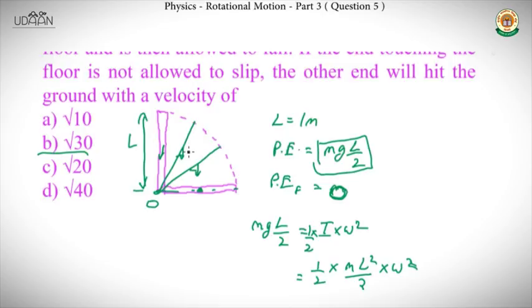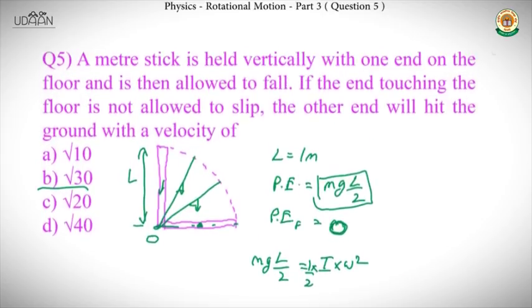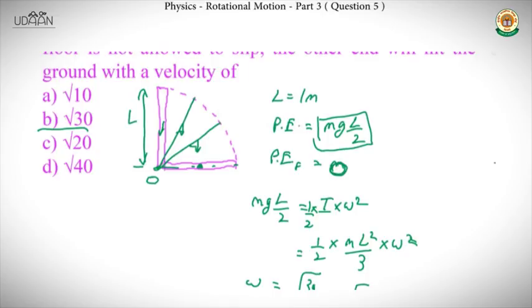Let's not get into angular momentum. So in this question, we saw that we can find the angular velocity omega by simply equating the loss in potential energy to the gain in rotational energy. So this was question number 5.